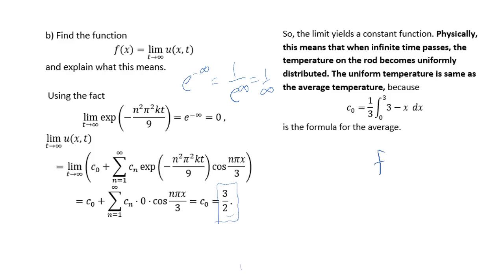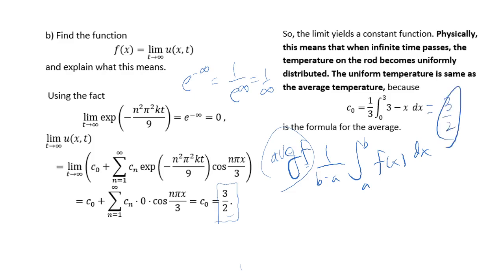If you take a function, integrate over the interval, and divide by the length of the interval, that's called the average of f. Since the function is defined from 0 to 3, if you integrate this and divide by 3, you end up with exactly 3 over 2, which is the same as C0. So the meaning of this is that it's the average temperature.